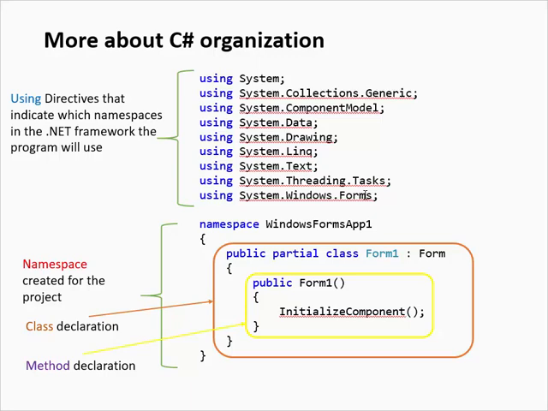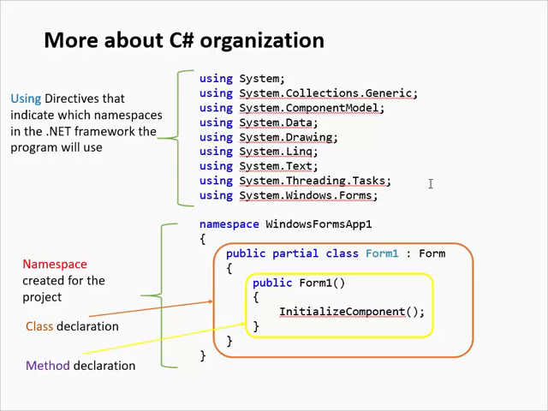They indicate what namespaces in the .NET framework the program will use. Basically that means there are pieces of code already written for you that create a form, a button, and a lot of the things that you can use.